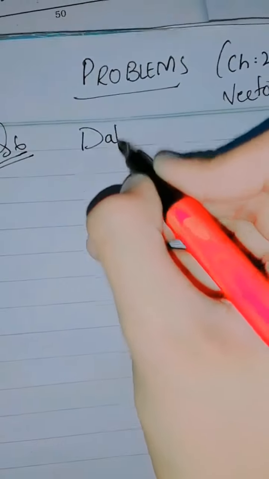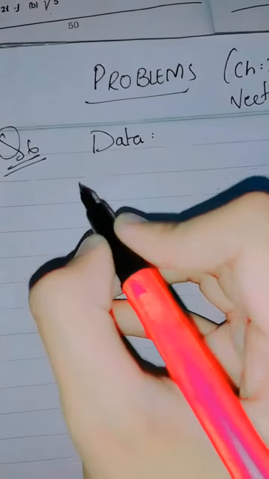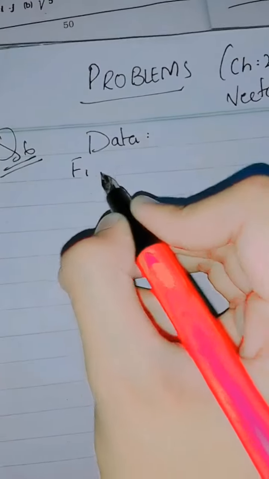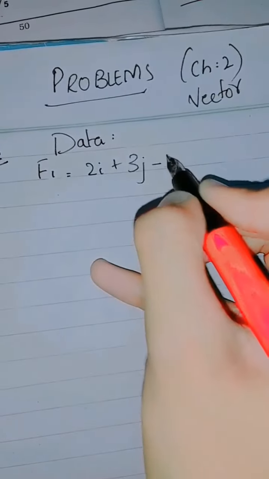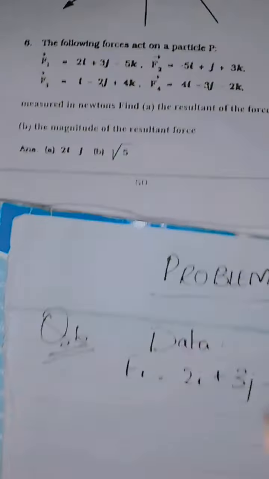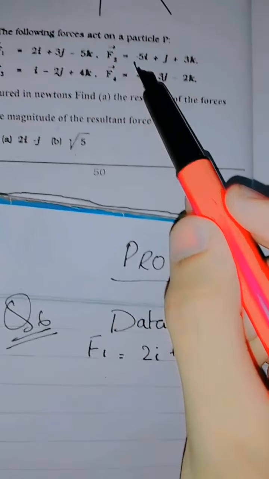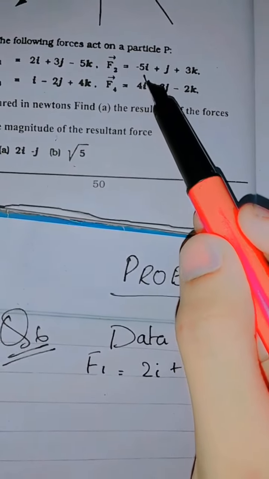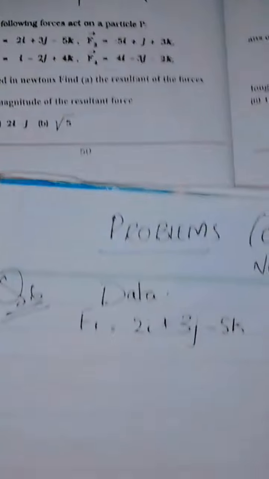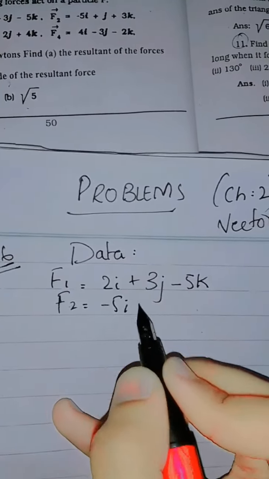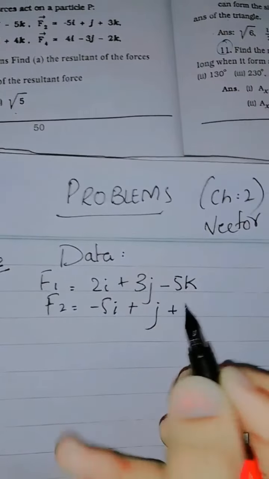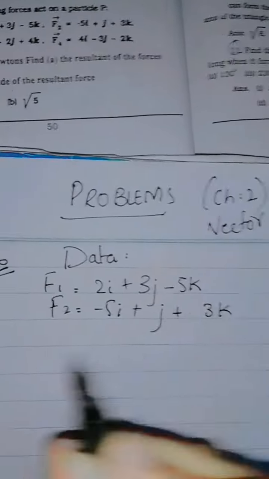Before starting the problem we'll write the data here. F1 we have 2i plus 3j minus 5k. F2 we have minus 5i plus j plus 3k.